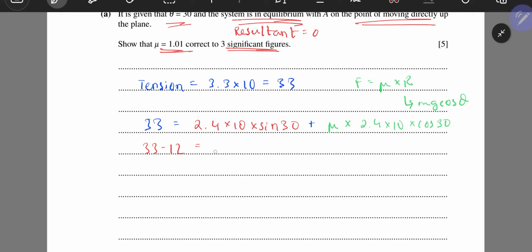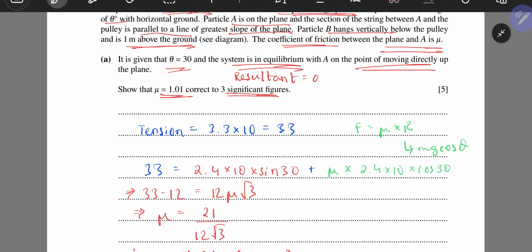So that's 12 mu root 3, or mu is equal to 21 by 12 root 3. Therefore, mu is equal to 21 by 12 root 3, which is roughly 1.01. So that is part A.